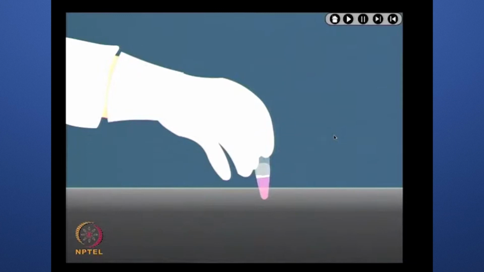Here we are demonstrating the trizol method, in which the top pale yellow layer contains RNA, the middle white precipitate having protein, and the lower phenol layer contains both protein and DNA.